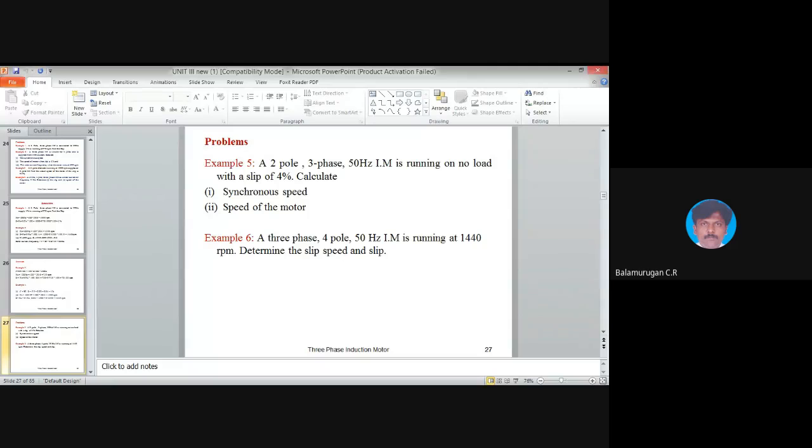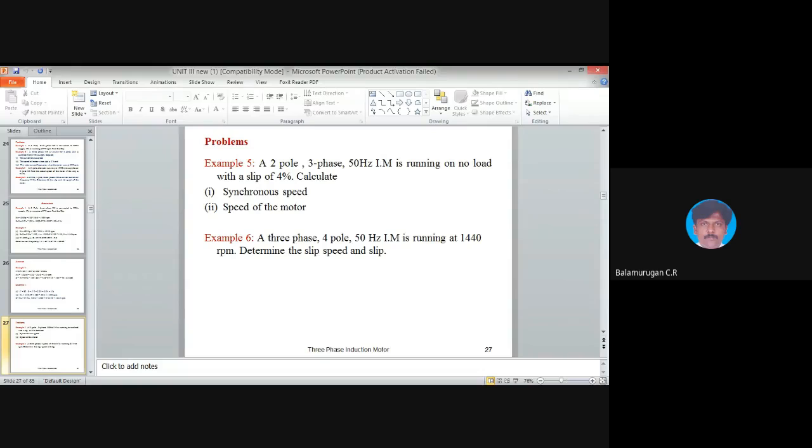Next we will go for the 60 degree. Suppose we are taking 60 degree, and in the place of omega t, you substitute 60. So 60 minus 120, we get minus 60. And 60 minus 240, you will get minus 180.